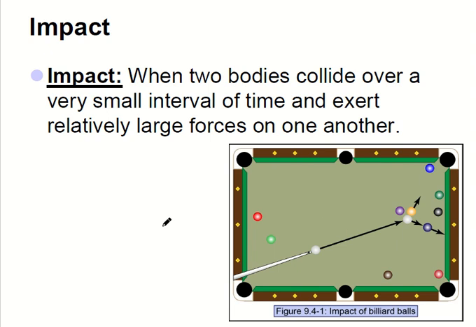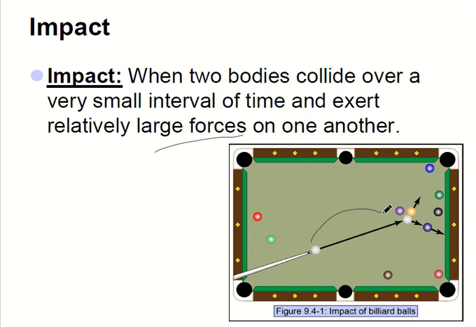Impact. Impact is the only thing that I asked about in the lab, the impact velocity, and even though I didn't really stress on it, if you don't want to do it, it's okay. So anyway, when two bodies collide over a very small interval of time and exert relatively large forces on one another, you're going to get an impact.